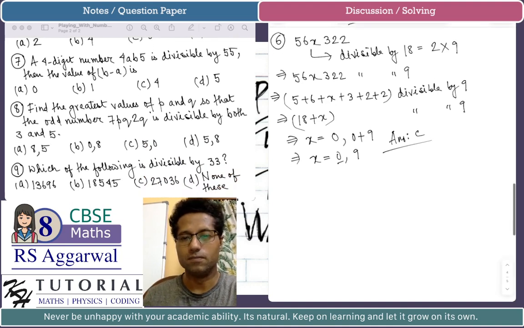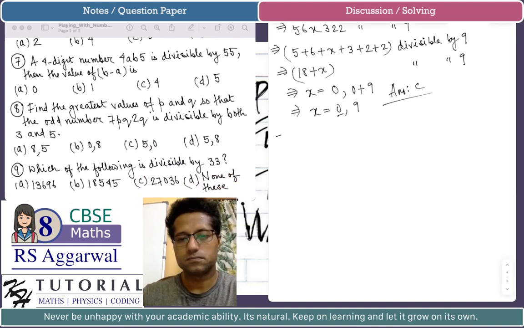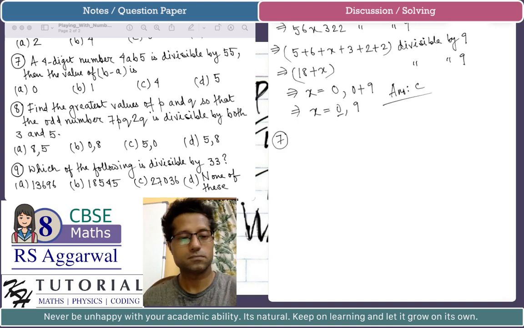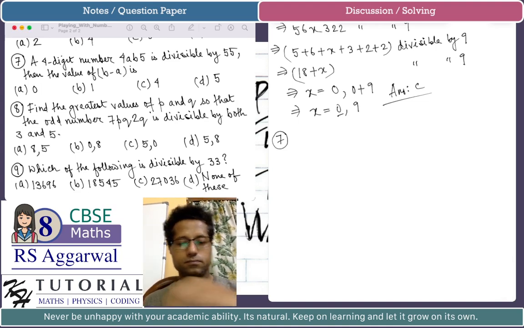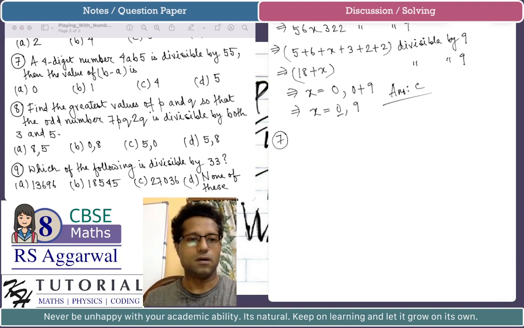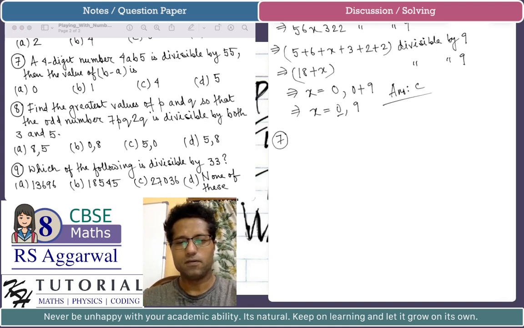Okay, let's do problem number 7. Problem number 7 says a 4-digit number 4AB5 is divisible by 55, then the value of B minus A is. So this number is divisible by 55.